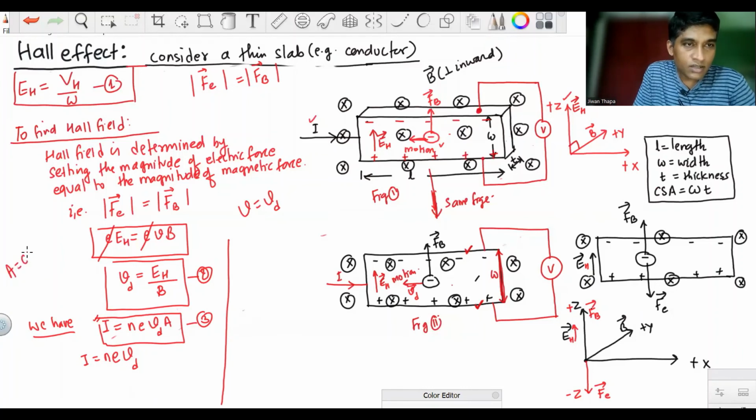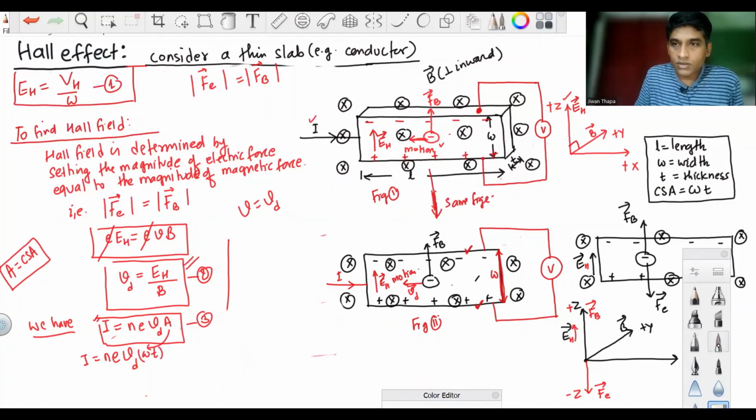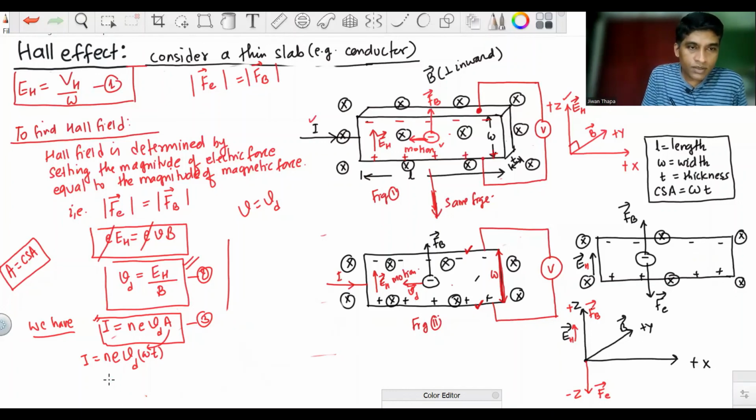A is the cross sectional area of the conductor, in this case the cross sectional area of the slab. This A is W times T. So we have VD equals I by NE WT. This is equation number 4.